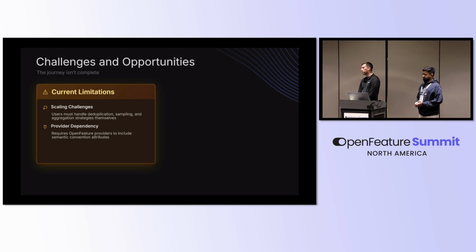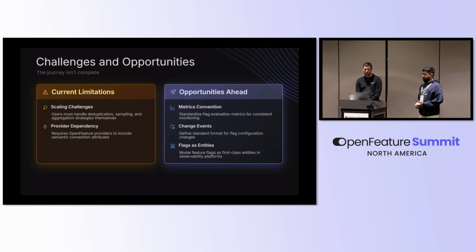It also will require the provider to supply that additional context in order to really properly slice and dice it. We'll get the basics like a flag key, but to really get the value, you'll need things like the flag set ID and other things like that. Some of the opportunities ahead: we've only spec'd out the flag evaluations so far.